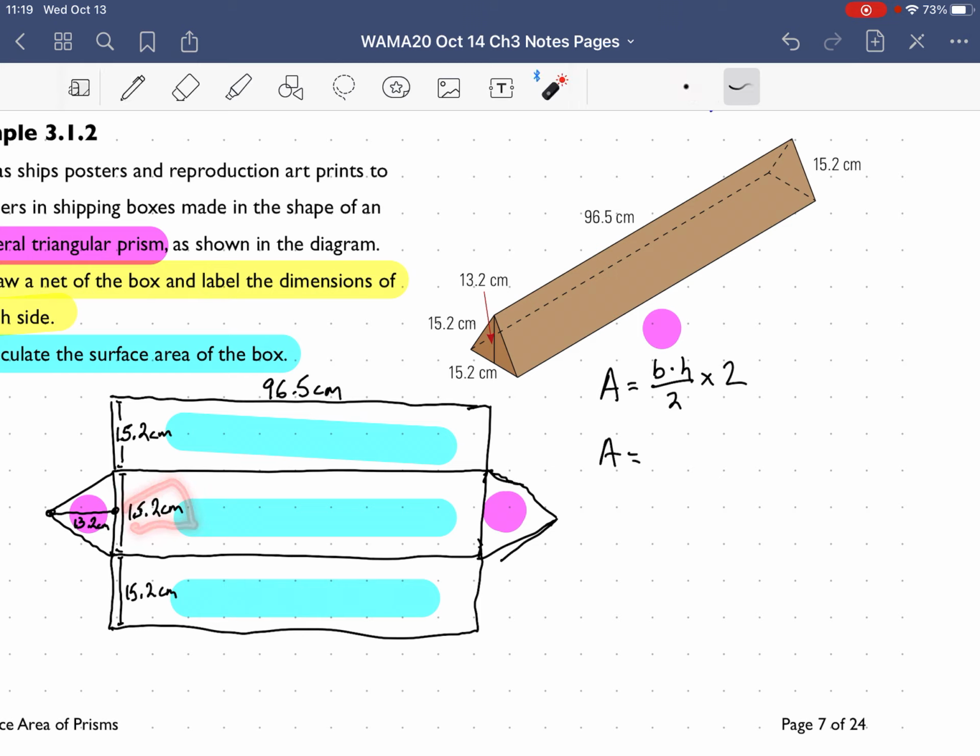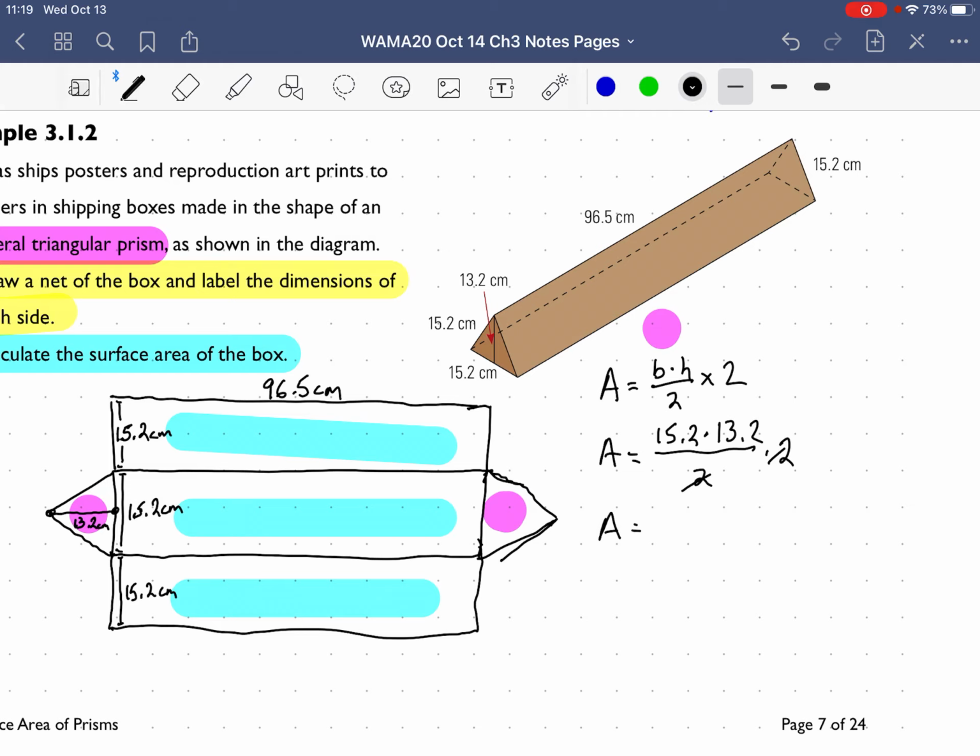For this triangle, my base is 15.2, my height is 13.2. It's going to be 15.2 times 13.2 divided by 2 times 2. Now, this divide 2 and times 2 is going to cancel out, and I'm going to be able to just multiply those two numbers together.